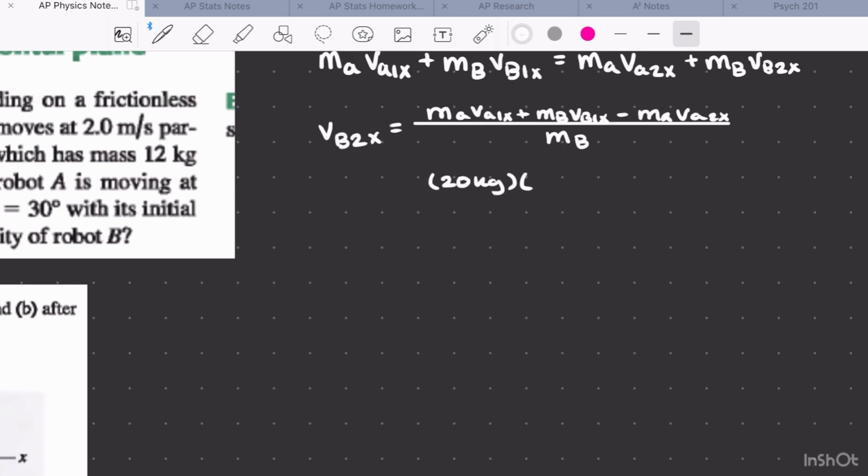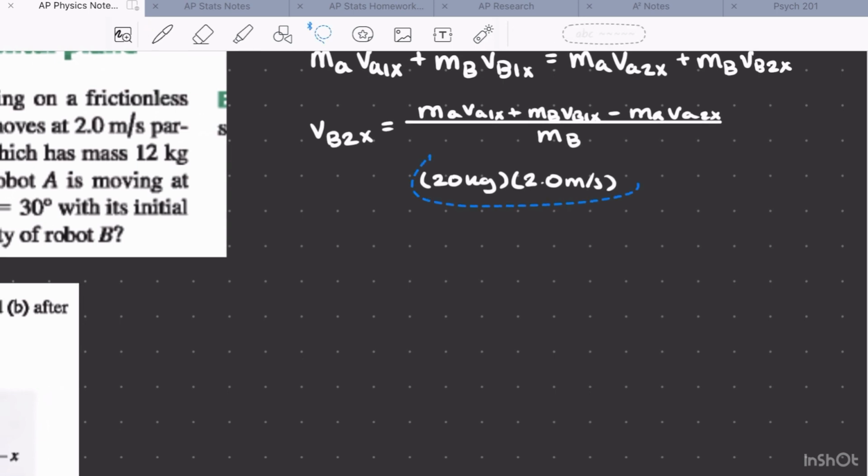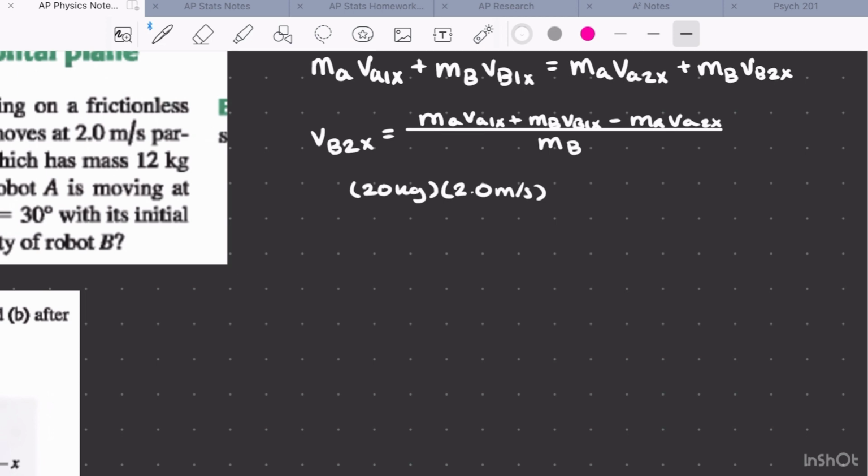So we have to plug in the mass of robot A, which is 20 kilograms, times the initial velocity, where it's moving at 2 meters per second in the x direction. Plus, then we have to add that times the mass of robot B, which is 12 kilograms. But since it's not moving, it's going to be multiplied times zero velocity. So that part's basically obsolete.